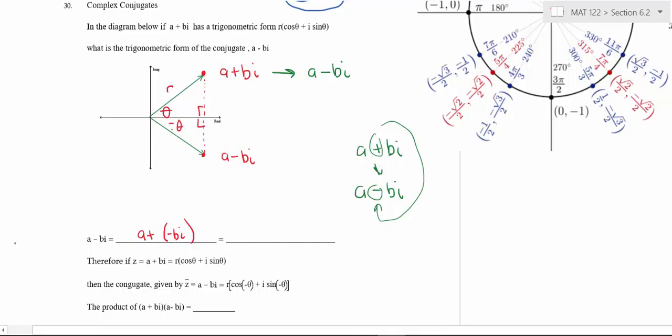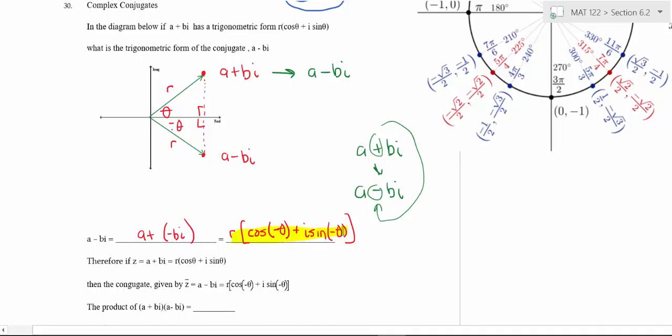So it ends up going like this. You would just end up having the radius r, and then the cosine of that angle, which would now be negative theta, plus i times the sine of that angle, negative theta. So it just means the same thing. You've got the radius r here, you have that angle there, so it's still going to be written like that.